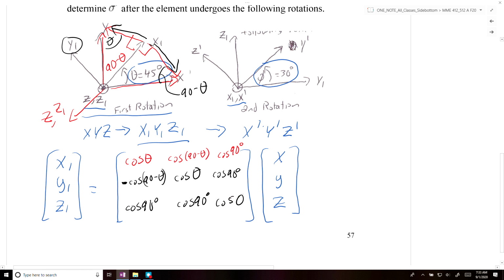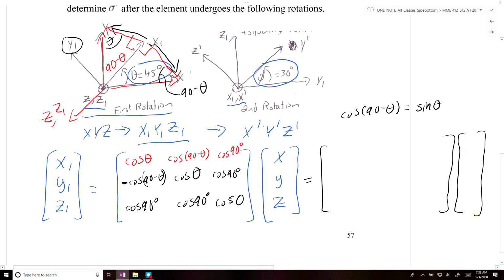All right, so if we simplify this all down, we know that the cosine of 90 minus theta is just equal to the sine of theta. What we end up getting is the first row equal to cosine theta, sine theta, and cosine of 90 degrees is the same thing as 0.